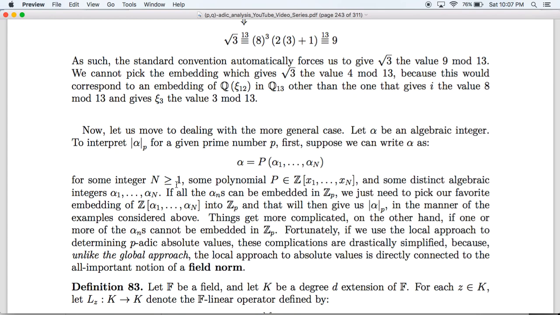If the alpha n's can be embedded in Zp, we just need to pick our favorite embedding into Zp, and that will then give us the p-adic absolute value of alpha. Things get more complicated, on the other hand, if one or more of the alpha n's can't be embedded into Zp. Fortunately, if we use the local approach, unlike the global approach, we can use the all-important field norm.